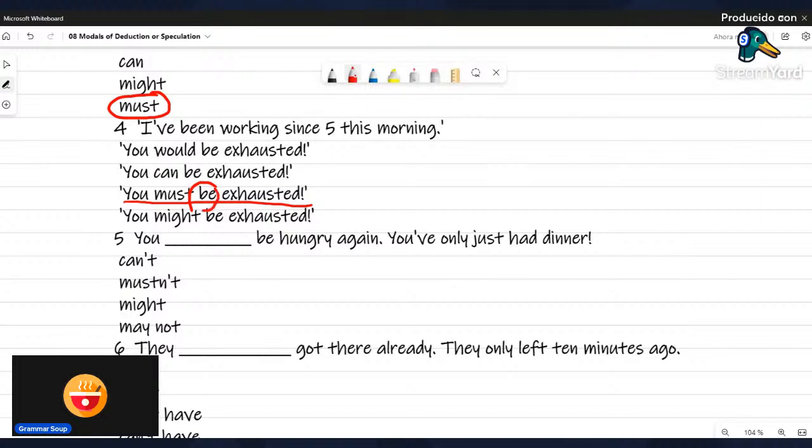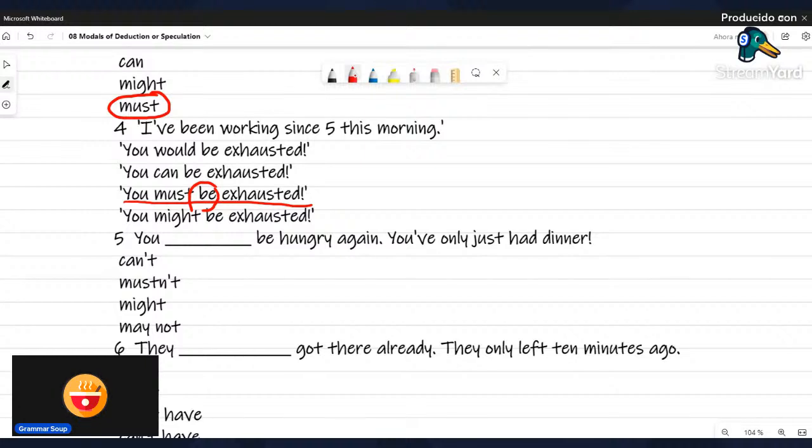Number 5, it says you be hungry again. You've only just had dinner. We have can't, mustn't, might, or may not. Okay, so as you can see, the person has only just had dinner. A few minutes ago, he was eating, and the person doesn't believe you be hungry again.